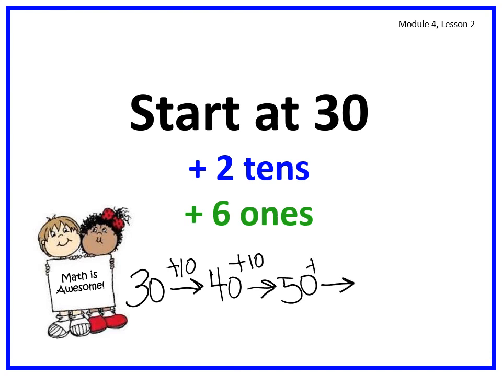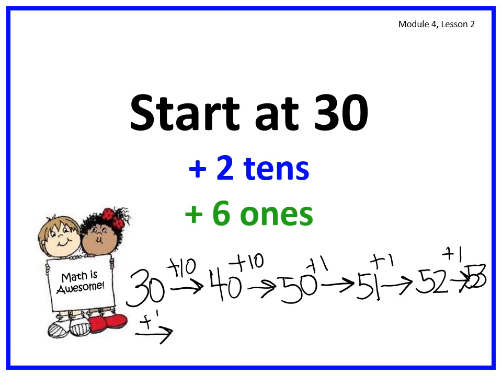I could do plus 1 is 51, plus 1 is 52, plus 1 is 53. Then I'm going to come down here. Plus 1 is 54, plus 1 is 55, and add 1 more is 56.